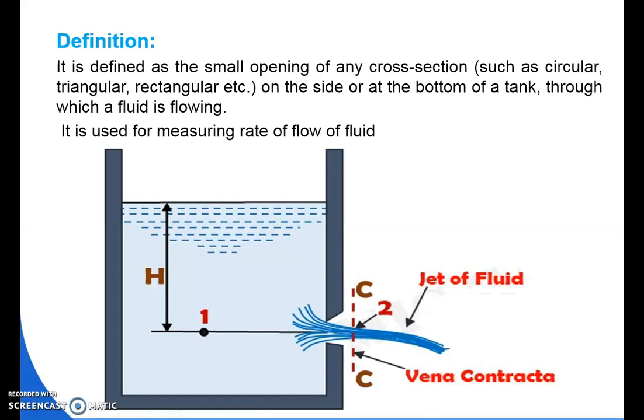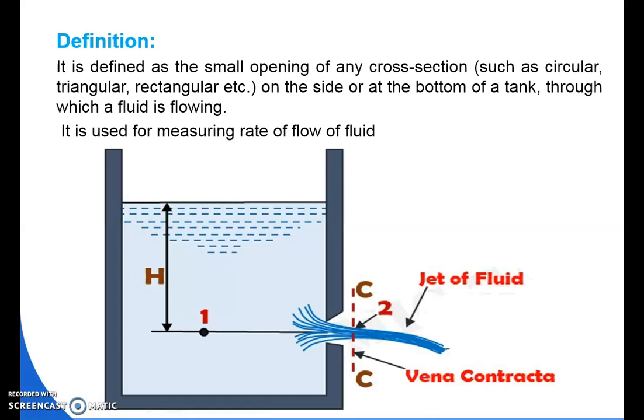The application of Bernoulli's theorem we have already studied in chapter number 4. Here in this video, we are going to discuss how the flow of water takes place through an orifice, over a notch and weir.